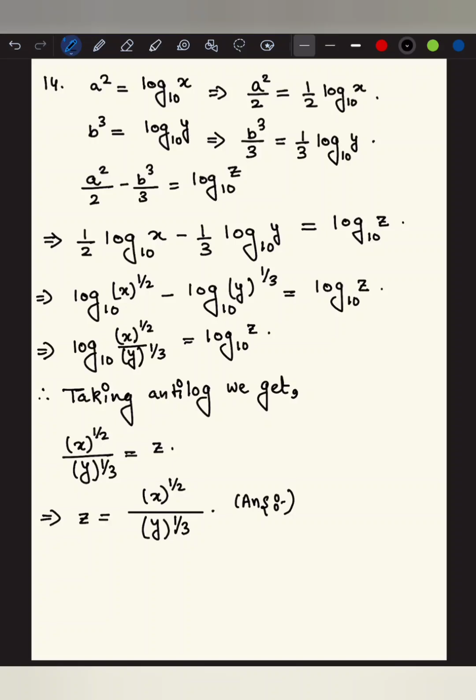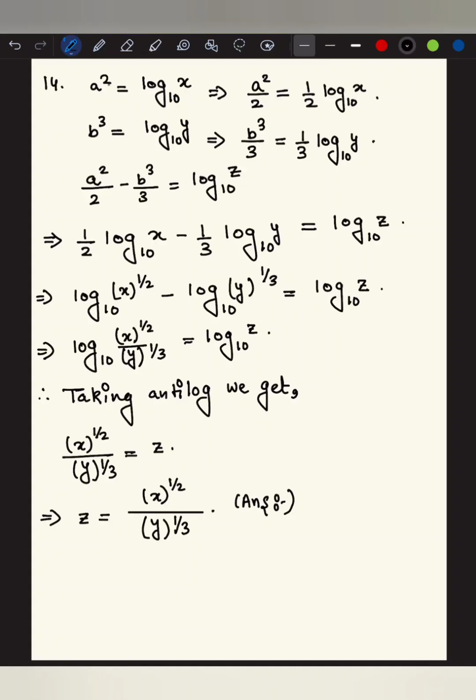Yeah, a square equals log x base 10 and b cube is given as log y base 10. Okay, we are asked to find out the value of a square by 2 minus b cube by 3. That is why I have done it like this.